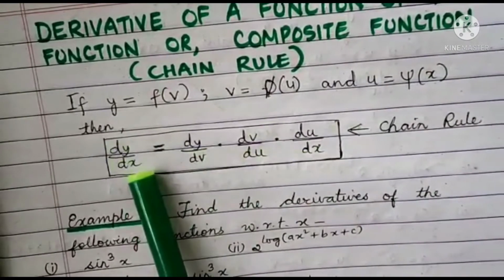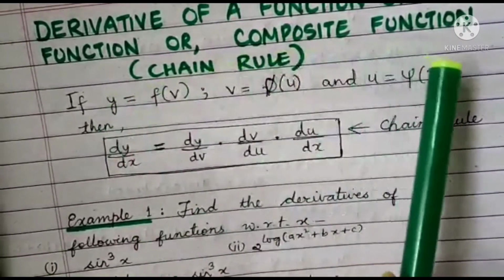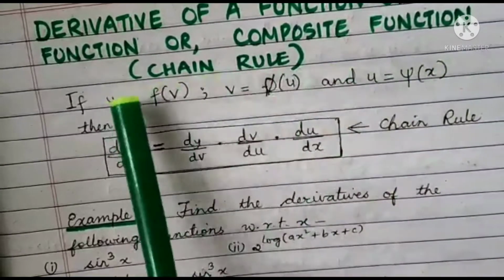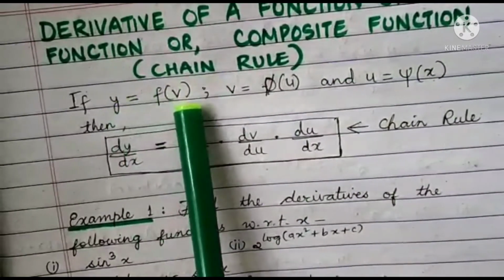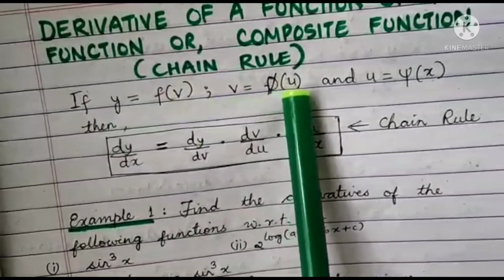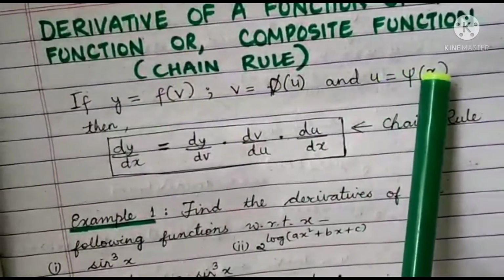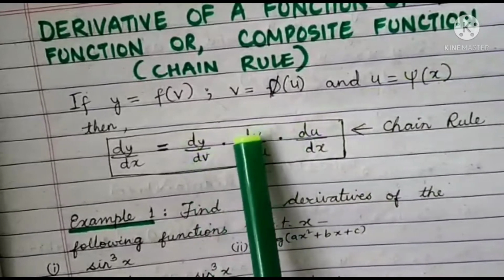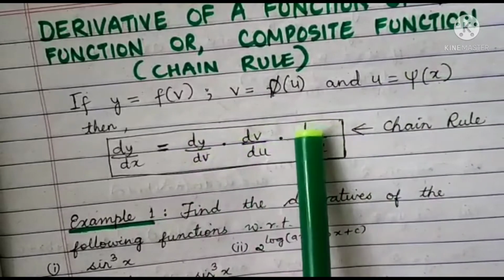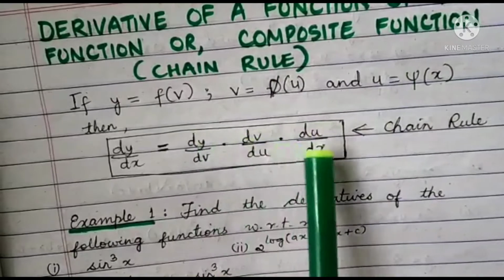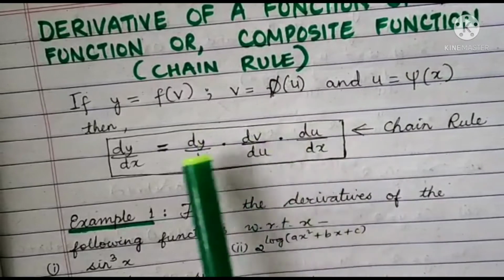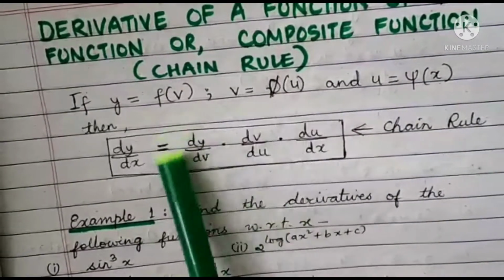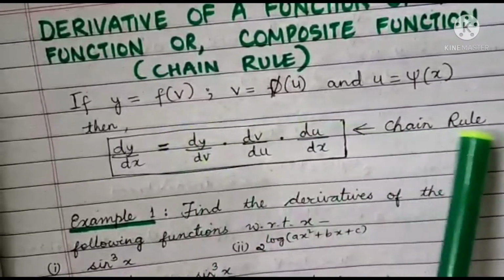You can understand it in this way also: dv gets cancelled, du gets cancelled, and you are left with dy by dx. Got it? This process of differentiation is called the chain rule.